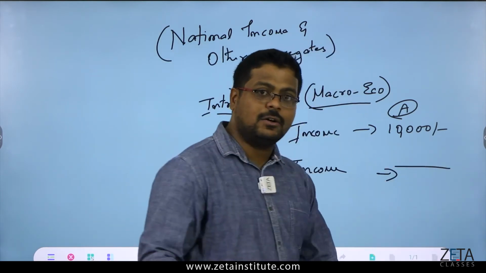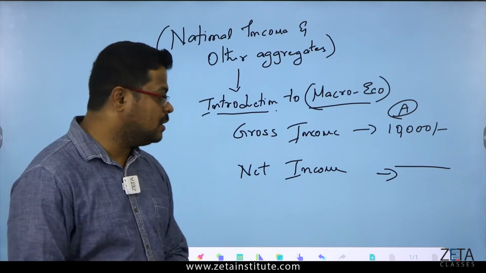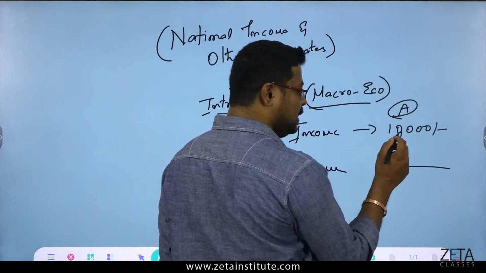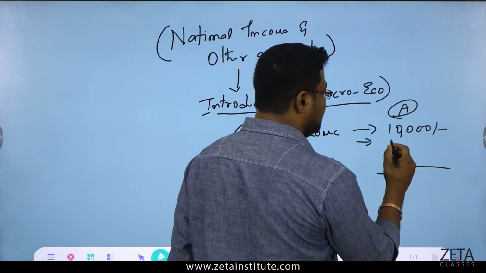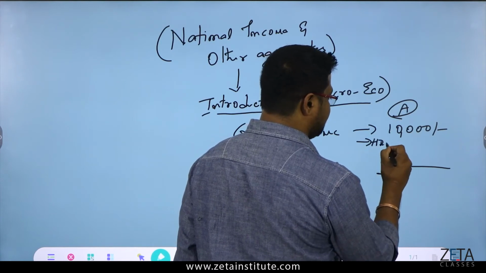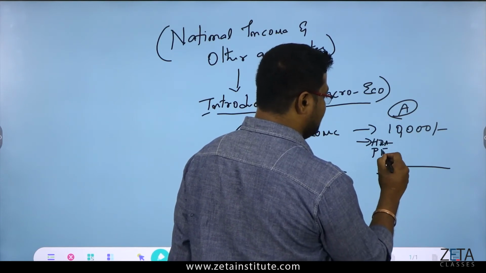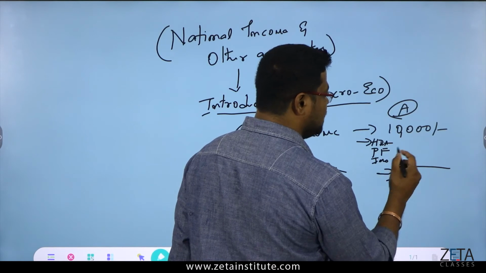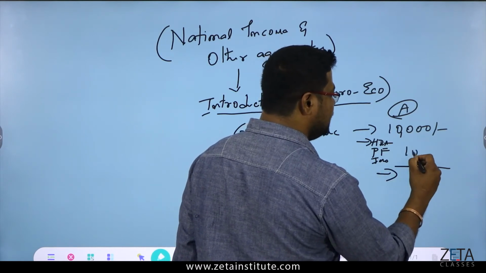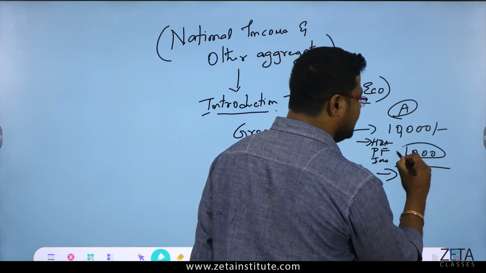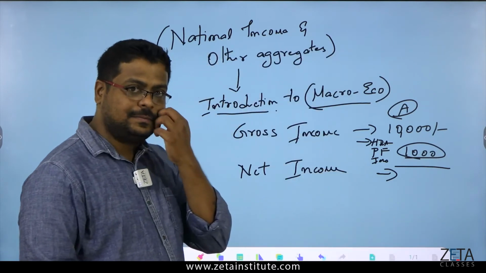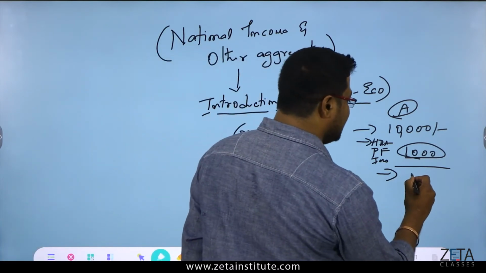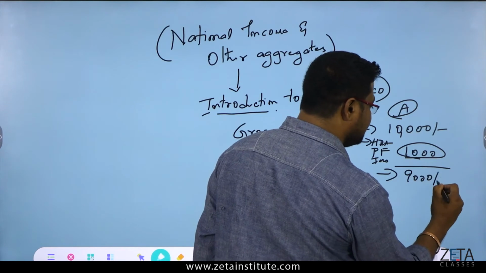No, because there are some other items also, like for example HRA, PF, insurances. Let us say 1,000 rupees is deducted for all these things. So he will get 9,000 rupees only.